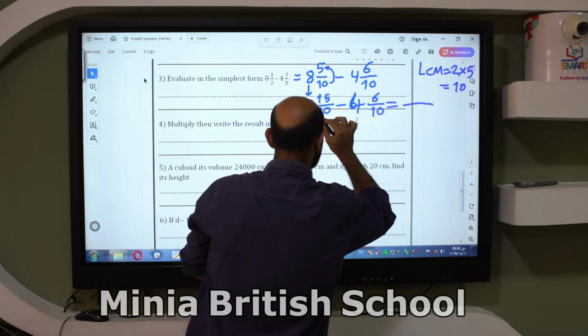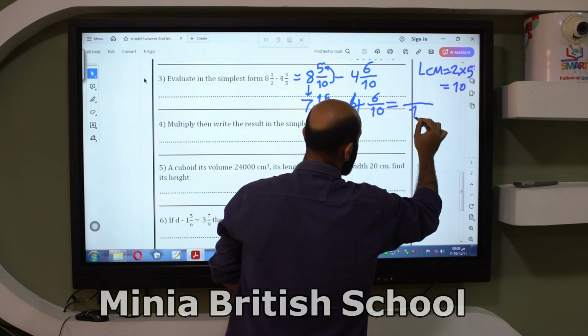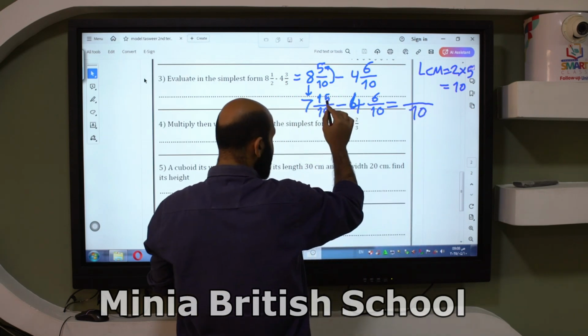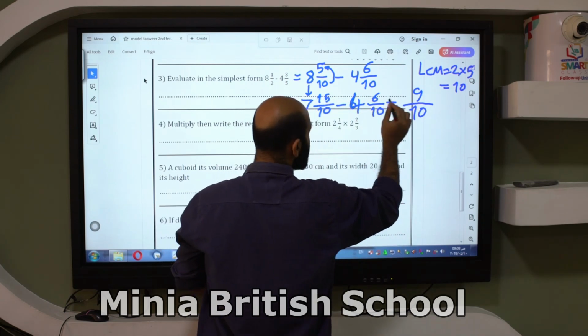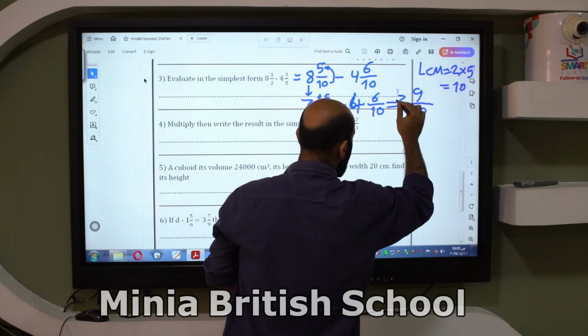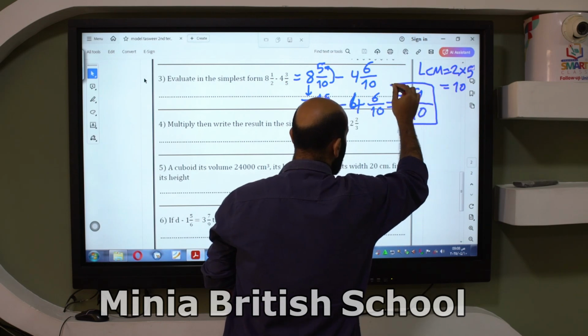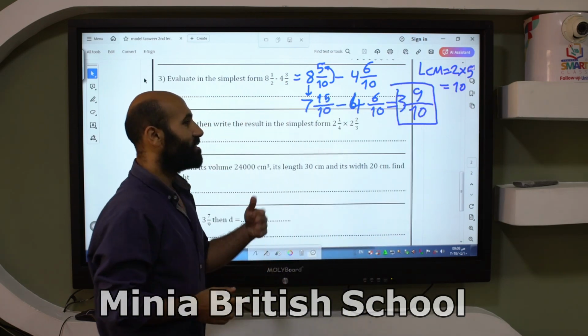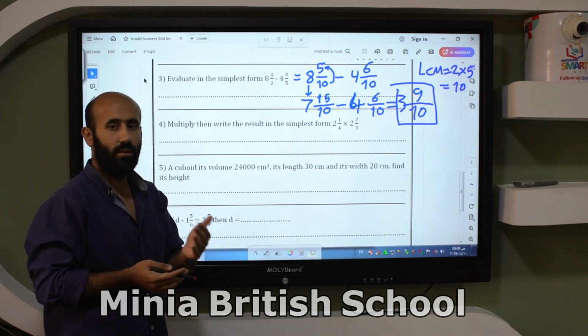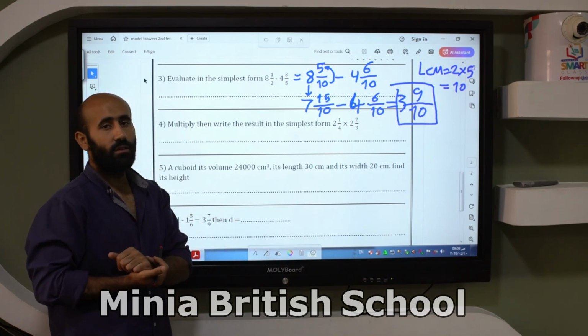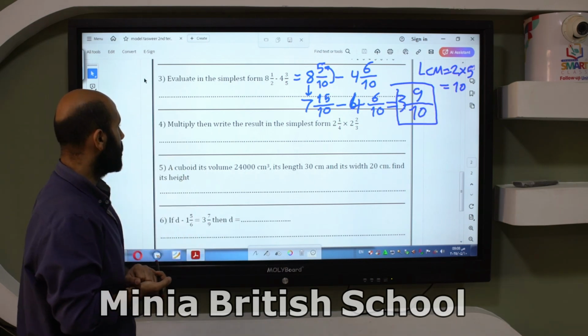The denominator is still the same, 10. 15 minus 6 equals 9. 7 minus 4 equals 3. So I have 3 and 9 over 10. And this is the simplest form because there is no common factor between 9 and 10. Did you get it? Good, let's get to the next one.